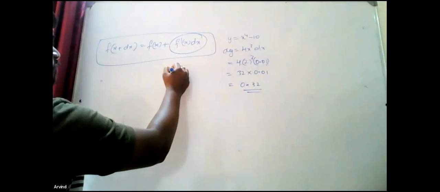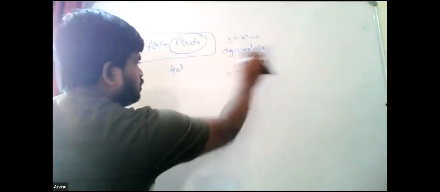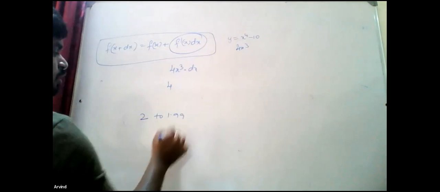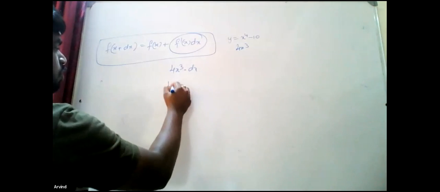0.32. Okay, dy is equal to, or if you substitute you will get the same. Here f dash of x is 4x cube. So differentiated, what do you get? 4x cube into dx. That's what I wrote directly. x is changing from 2 to 1.99, right? So this is your x value initial. Okay, so 2 cube.